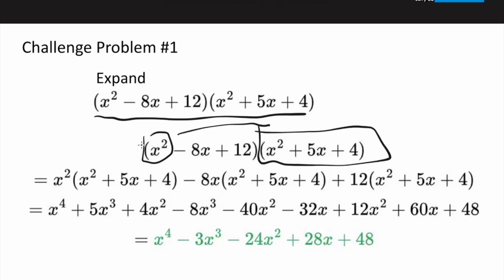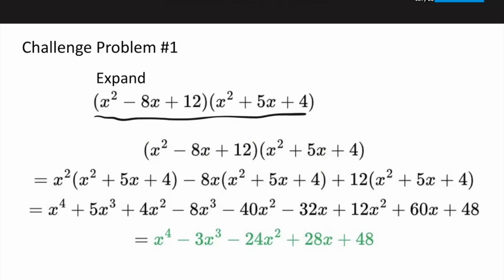So for instance, you could also write it out like this: x squared times x squared plus 5x plus 4, minus 8x times x squared plus 5x plus 4. And finally you have 12 times x squared plus 5x plus 4. Multiplying everything and simplifying everything, you get x to the fourth minus 3x cubed minus 24x squared plus 28x plus 48.